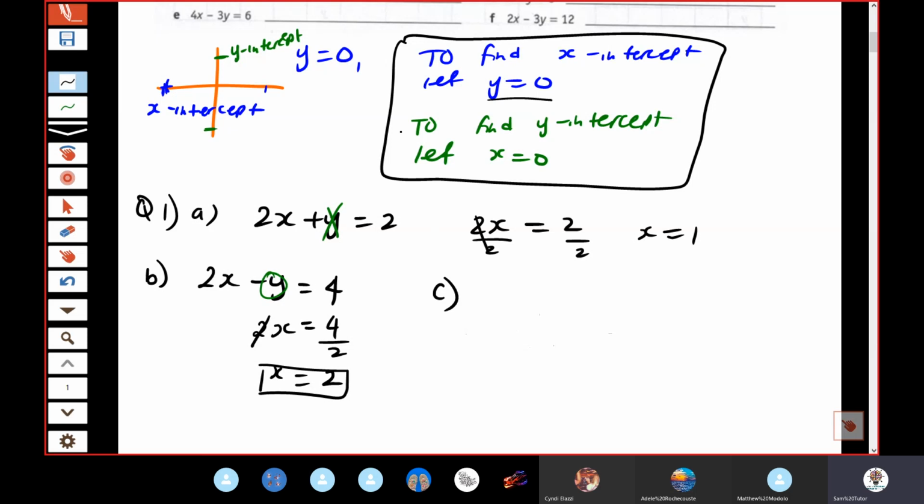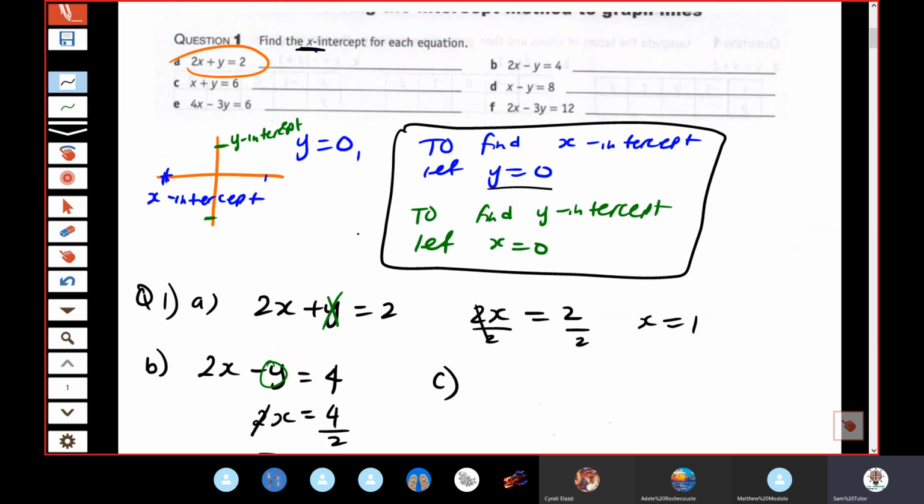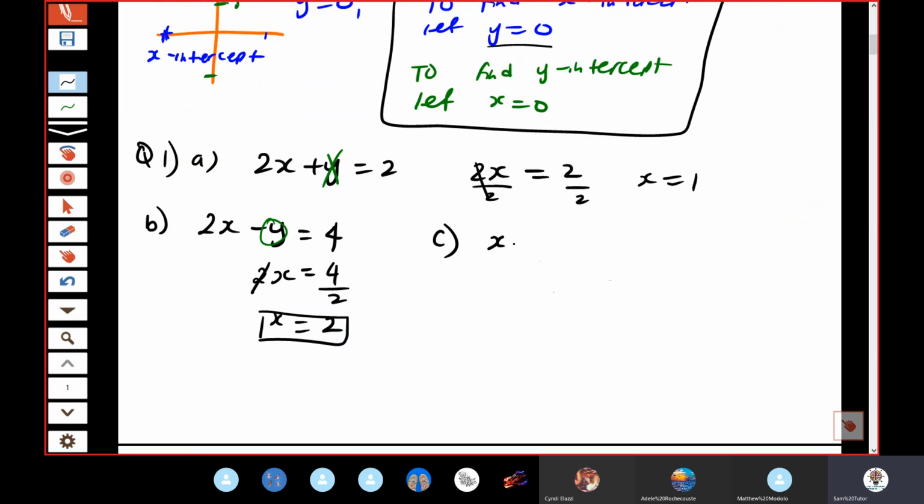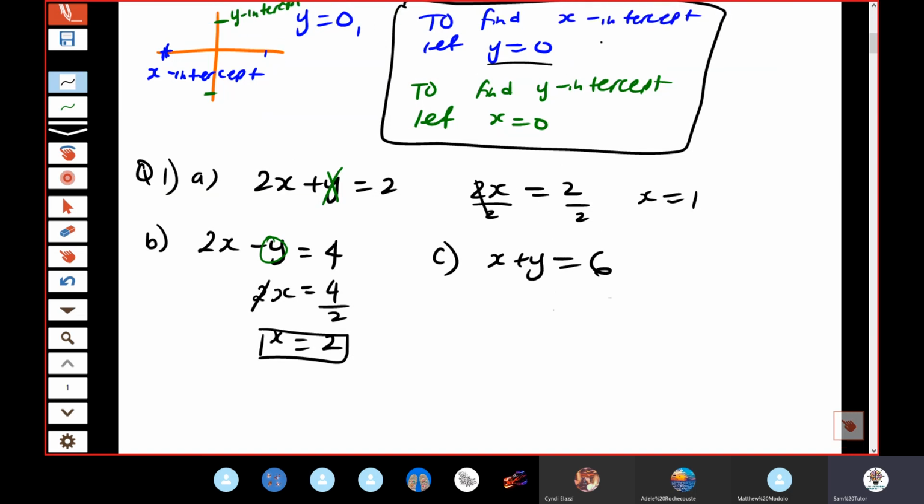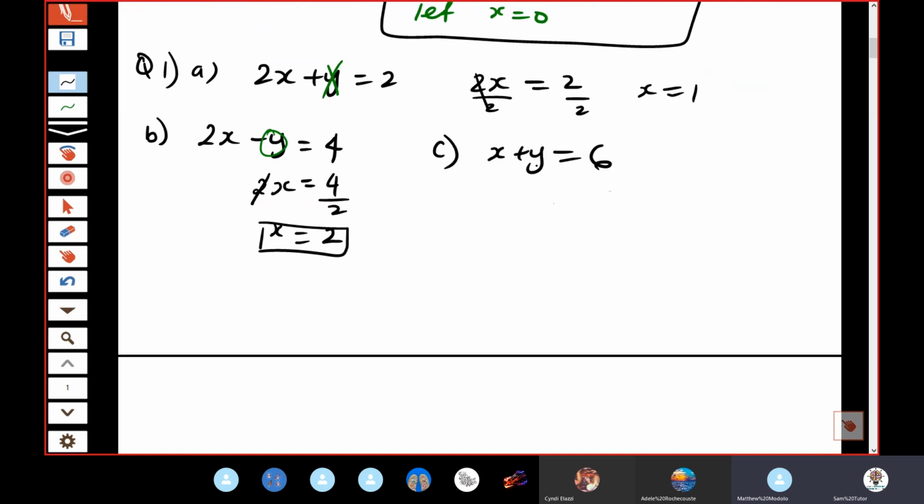Let's try another one. C, x plus y equals 6. Matt, do you want to try this one? I want to try to find the x-intercept. So what do I do to find the x-intercept? You get rid of the y because you make it 0.